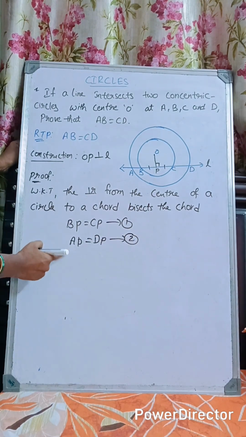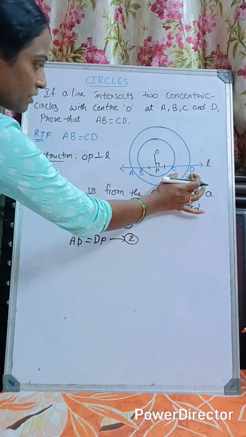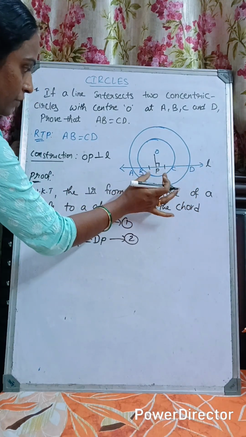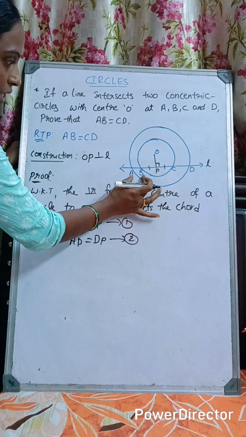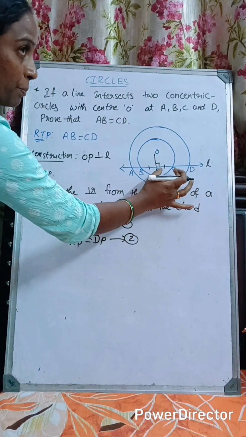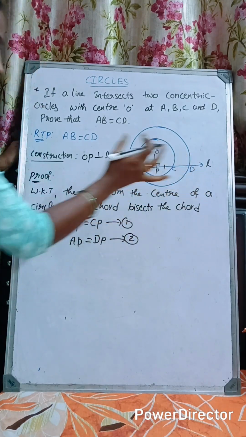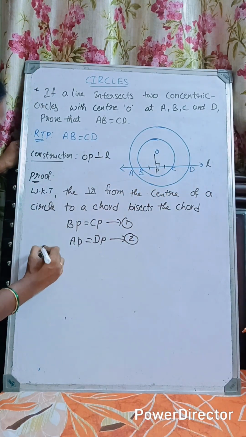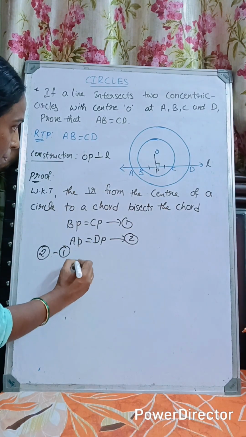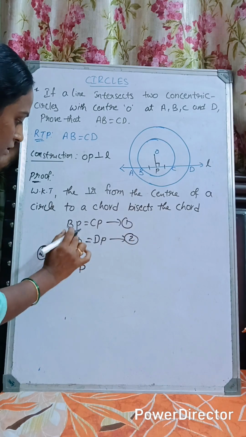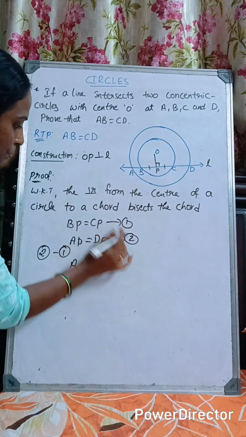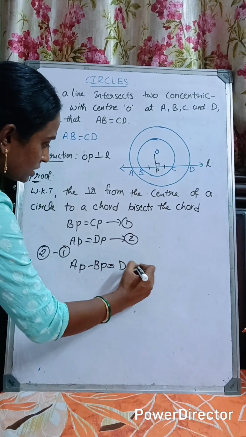So I need the AB length as well as the CD length. How will I get it from AP? If we subtract BP, we get AB, right? And from PD, if we subtract PC, we'll get CD. So from equation number 2 minus equation number 1: AP minus BP, and in the same way DP minus CP.